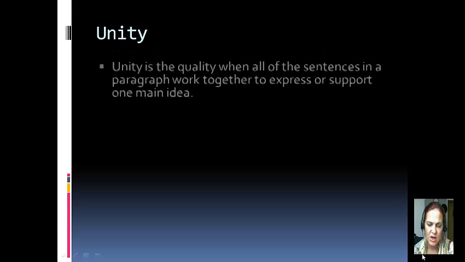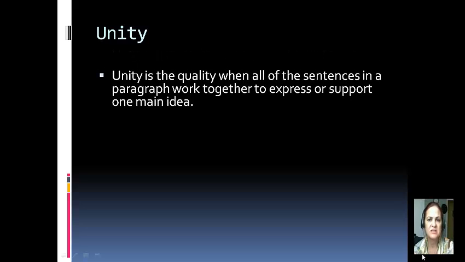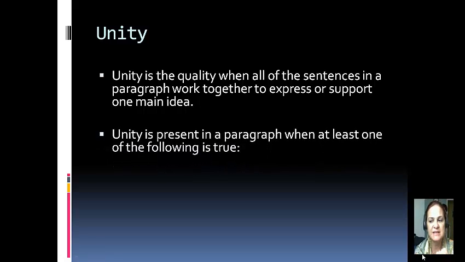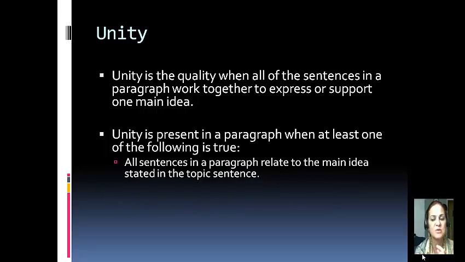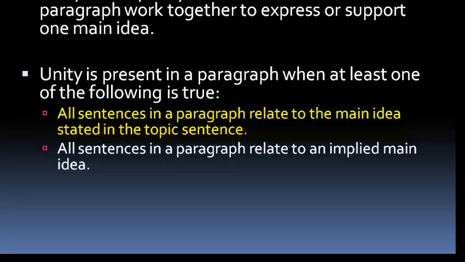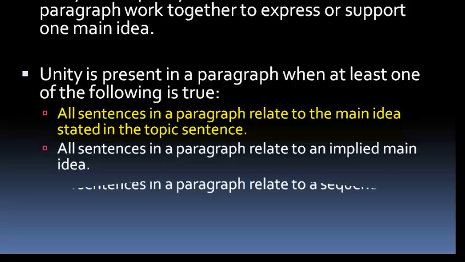Unity. When we have unity, we're talking about the quality of the paragraph when all of the sentences within that paragraph work together to express or support one main idea. Unity is present in a paragraph when at least one of the following is true. All sentences in the paragraph relate to the main idea that is stated.